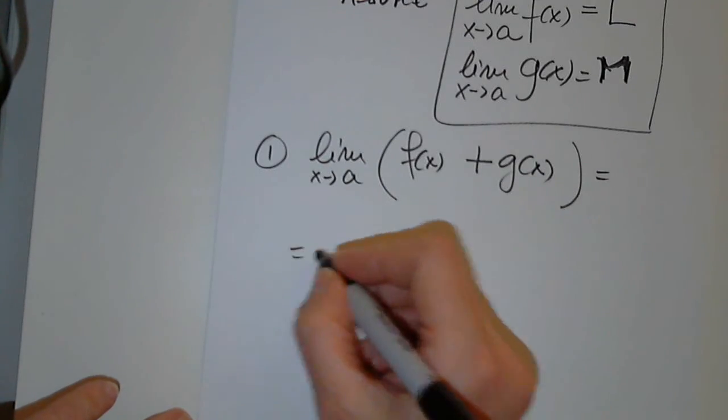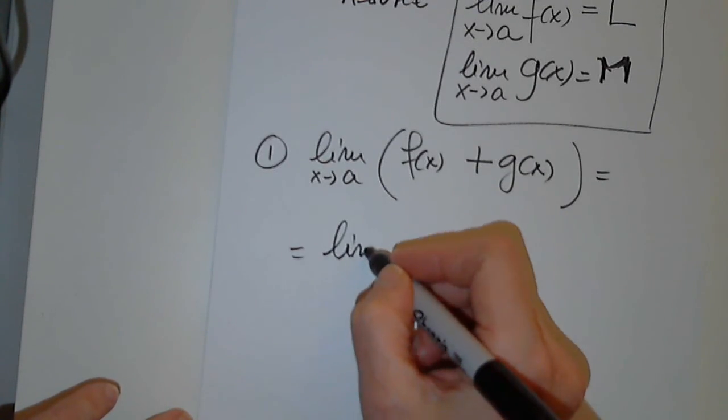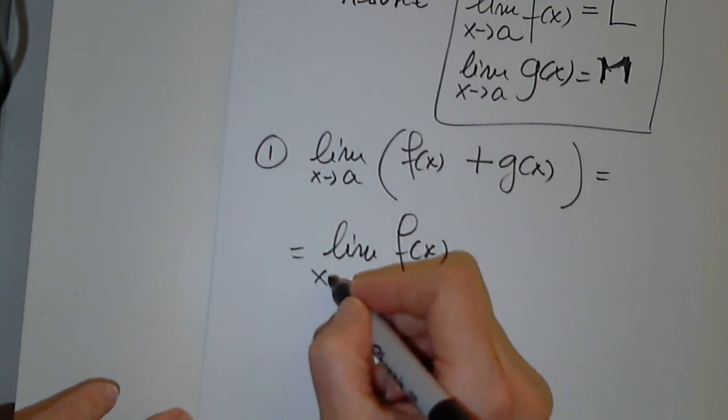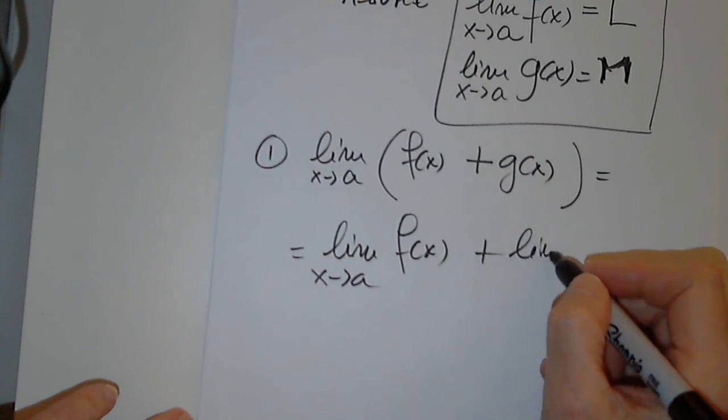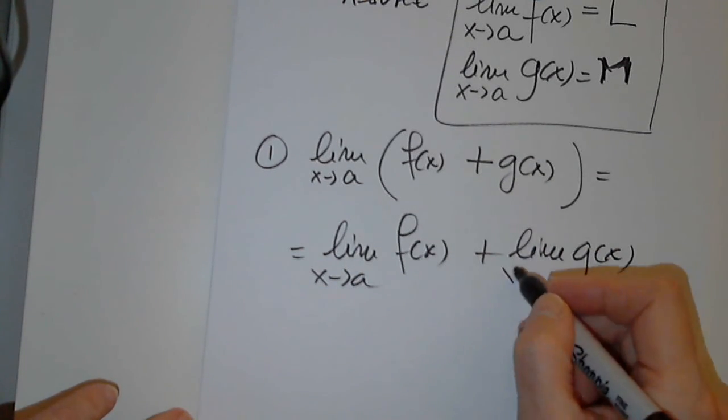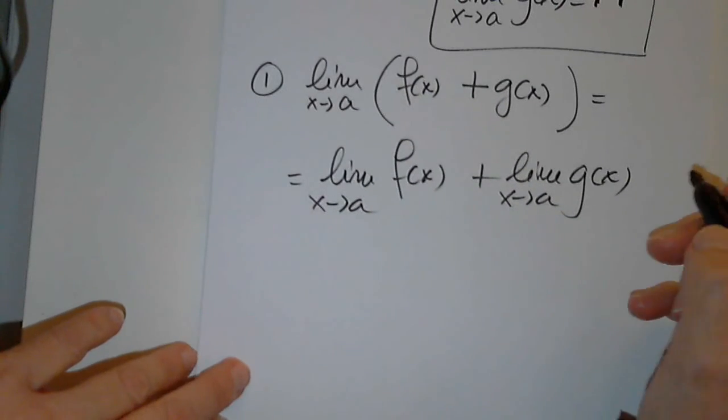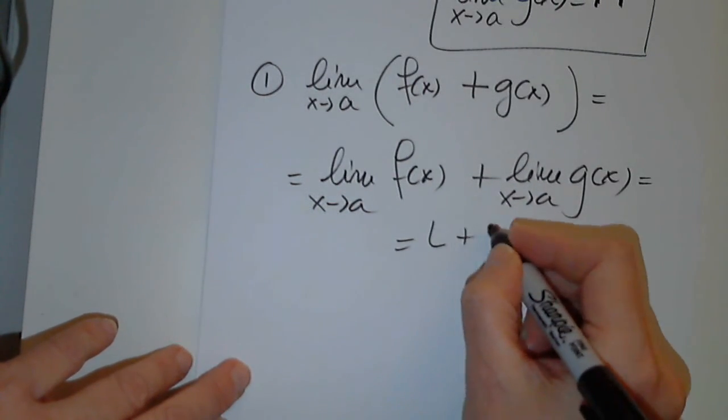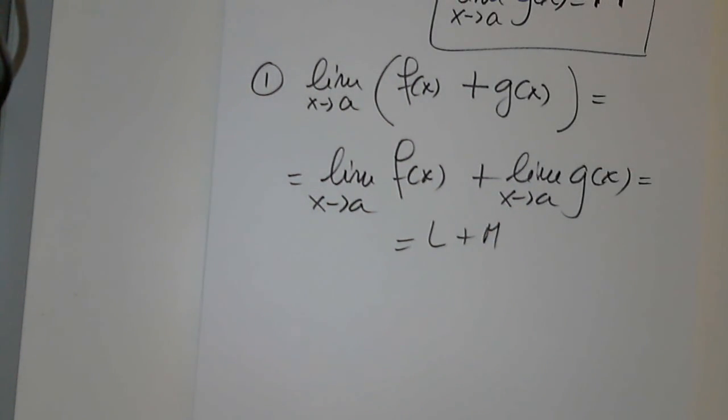Then you can split the sum into two limits. And if the first one is indeed L and the other one is indeed M, then the limit is L plus M. So in short, how do we remember this property? The limit of a sum is the sum of the limits.